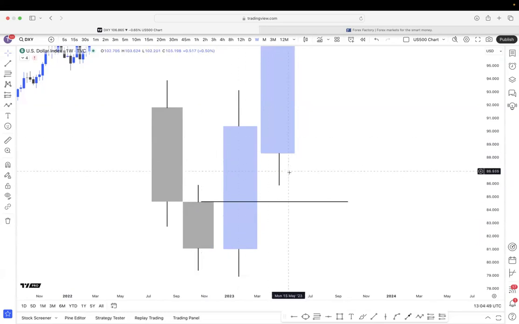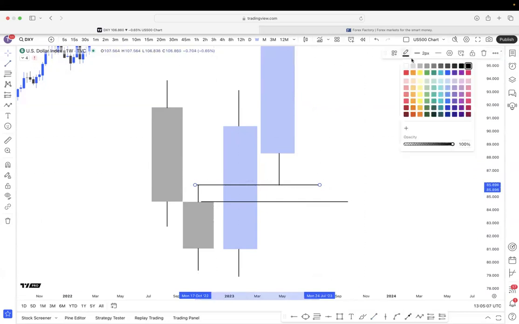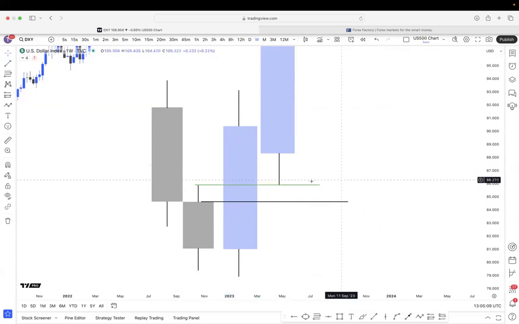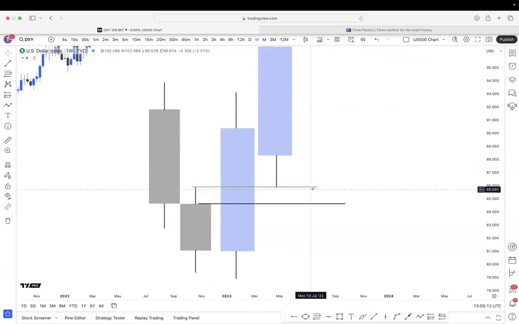Now, what you see in this example here is this wick never made it any lower. It never came to the opening of this area and then moved to the upside. What it actually did is it rebalanced to the top of this wick right here. When you see that happening, you are getting something called a rebalancing in price.